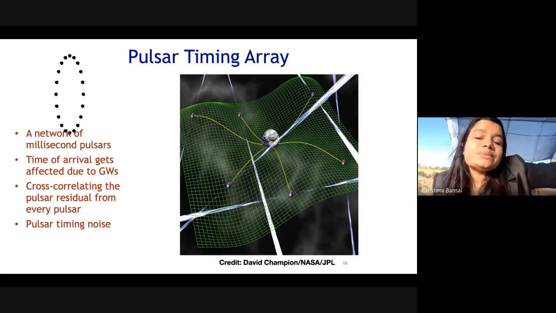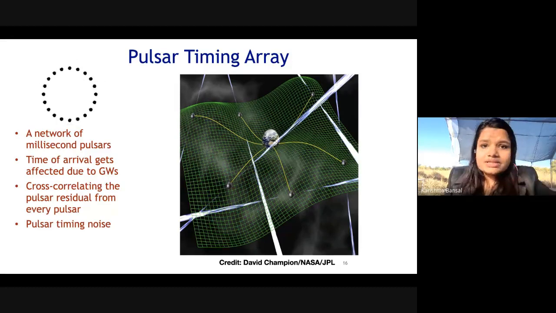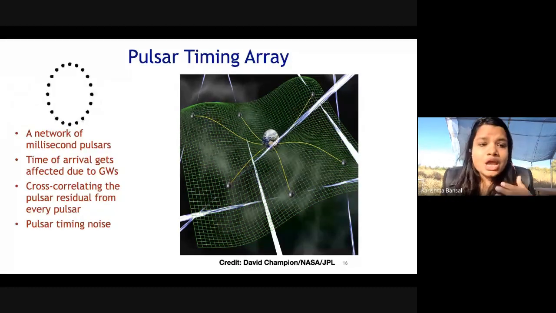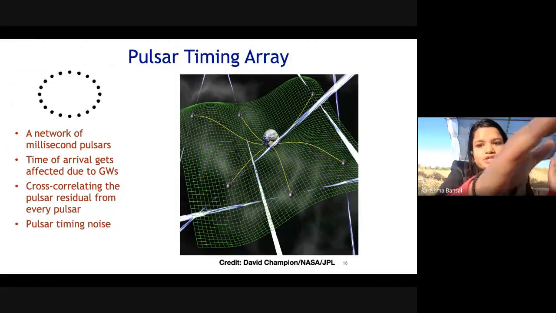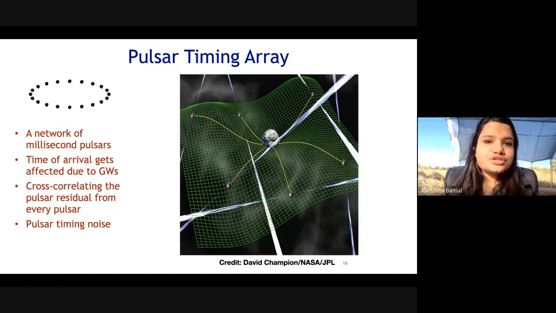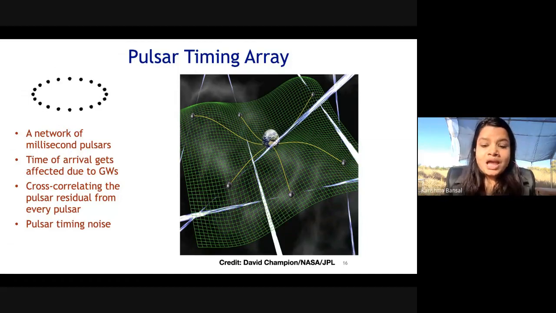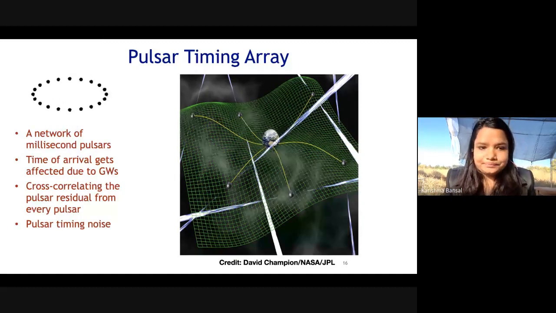So they would all experience the same delay or same earlier arrival, the same stretching or pulling. So when you correlate between different sources, you can actually tell if there's a gravitational wave or not. And this is the whole story of pulsar timing array. I mean, this is way more complicated than that, but I'm just trying to give you a broader picture of what really happens here.